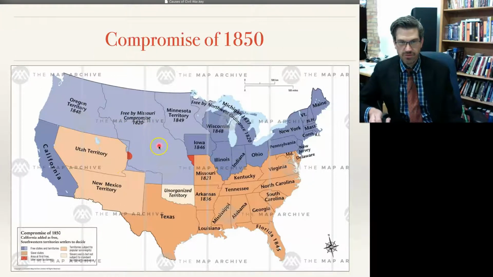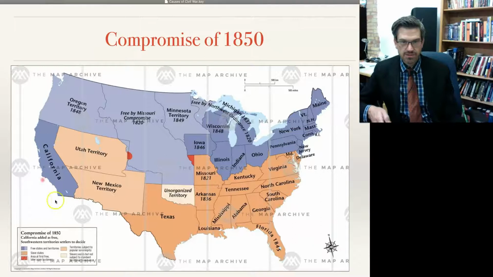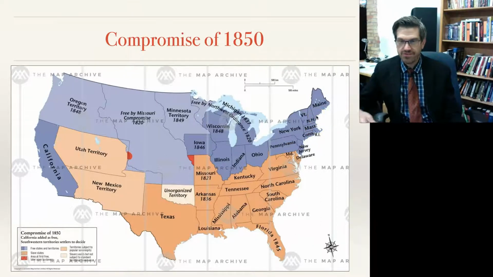Everything above would be free, below not. Well, the problem is that line's not working anymore because now we're figuring out California and these states in here. So the Compromise of 1850 is a classic example of where we're adding slave states and then free states to balance them out. And that's the idea.